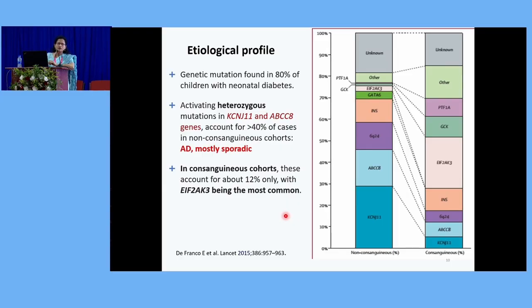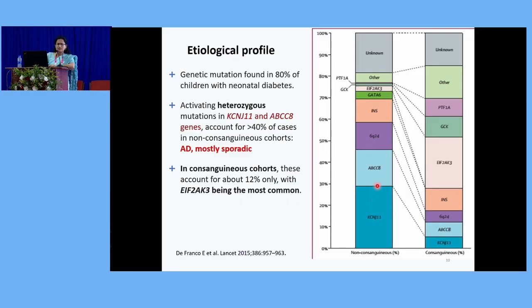Exeter used to be the one lab where we all used to send samples. Now, of course, MDRF is the lab where I have sent all my samples for the last 8 to 10 years, and they have been really helpful. Most of the cases that I will be showing here have all been diagnosed by Dr. Radha here.